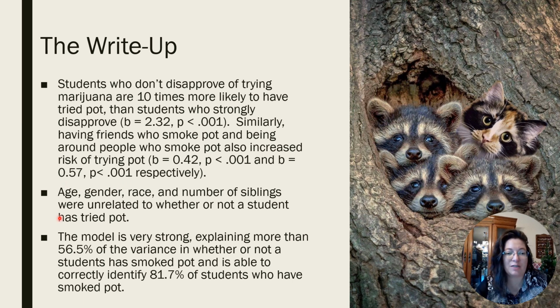And then I explain which variables were not statistically significant. Then I explain the effect size. Always explain the effect size. The model is very strong, explaining more than 56.5% of the variance in whether or not a student has smoked pot, and is able to correctly identify 81.7% of students who have smoked pot.